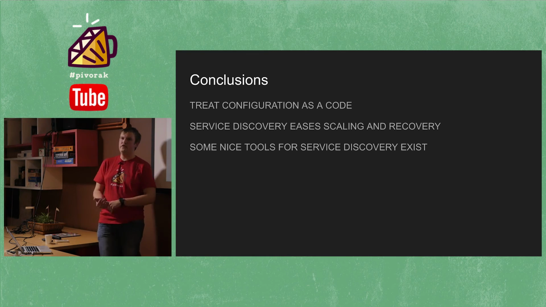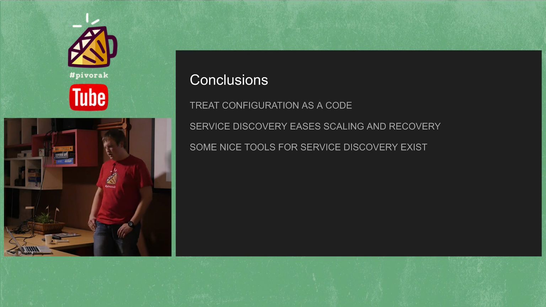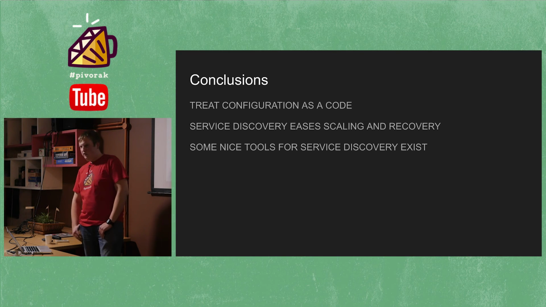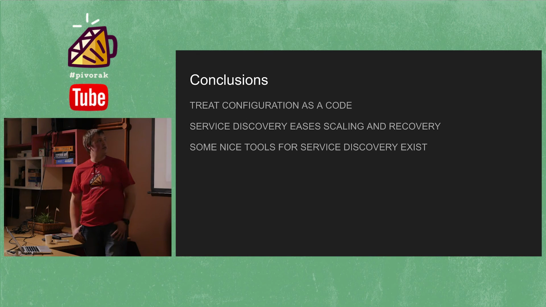You can template them, update configs on the fly, and build them according to changes in the environment. Service discovery is for scaling and recovery. And there are some nice tools that exist for building your solutions.